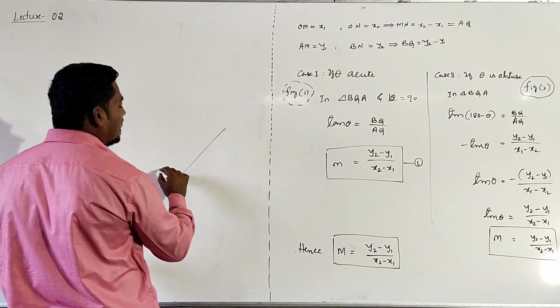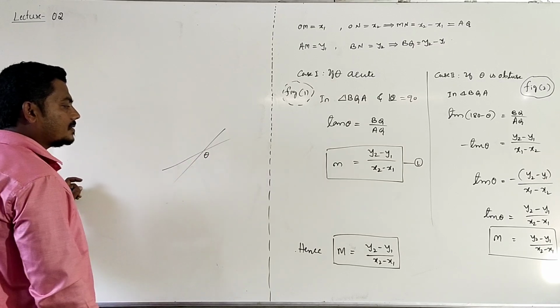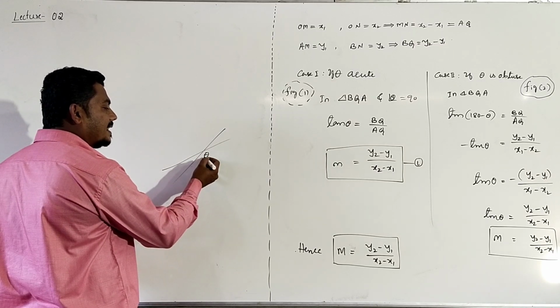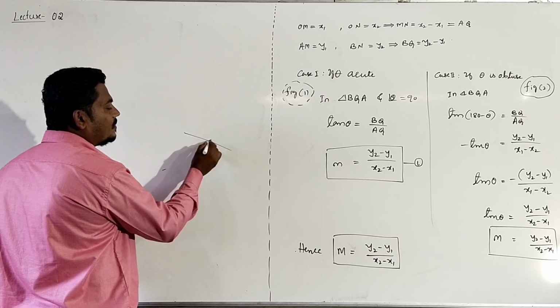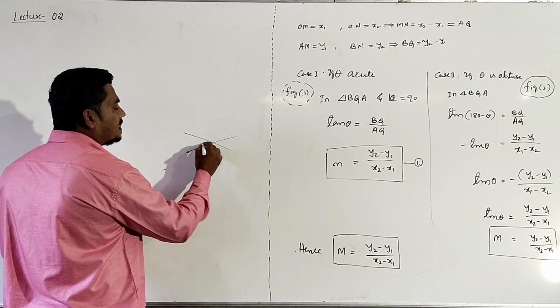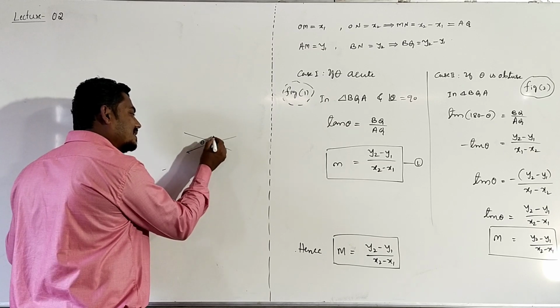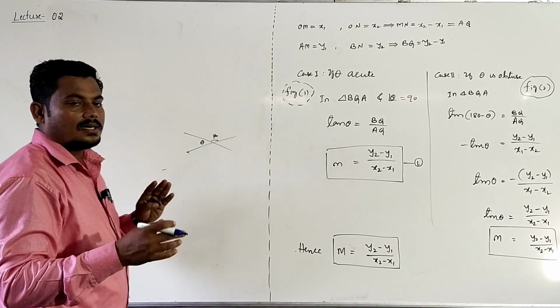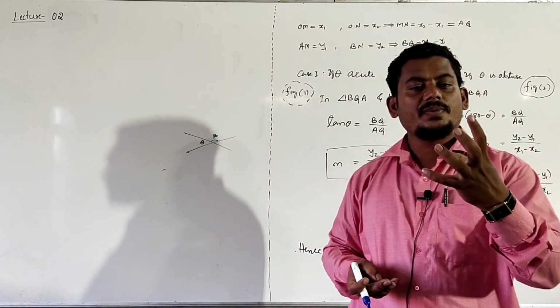Suppose this is one of the lines, this is the other line, this is the angle between two lines, right? This is line 1 and this is line 2. Suppose this is theta, theta is the angle between two lines, and this angle is also an angle between two lines. There exist two angles between two lines.